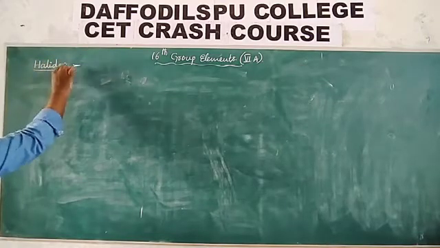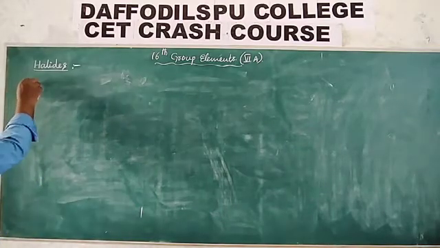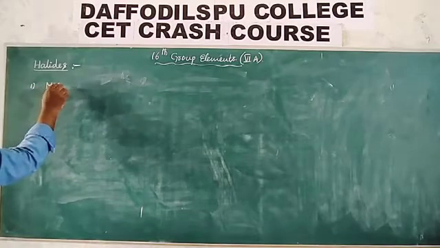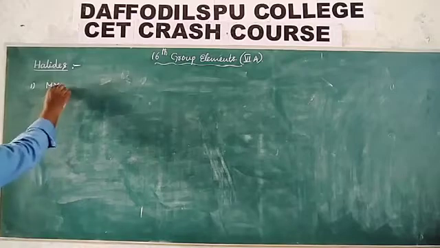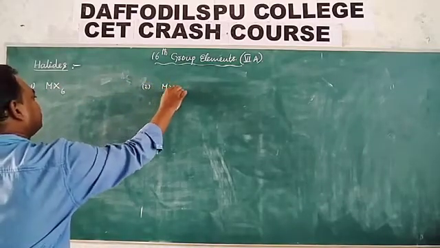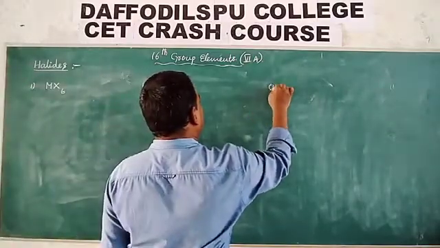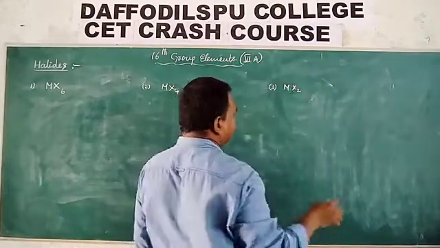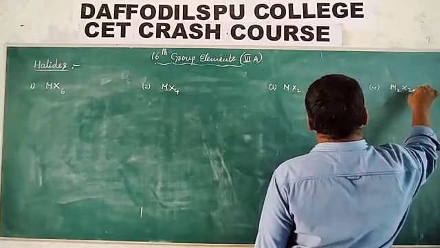Next, look at the halides. The 16th group elements form halides of general formula MX6, MX4, MX2, M2X2.